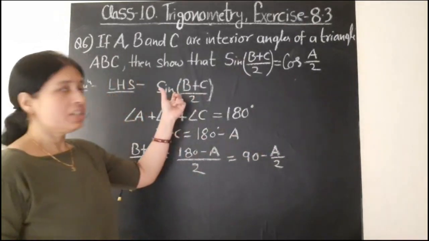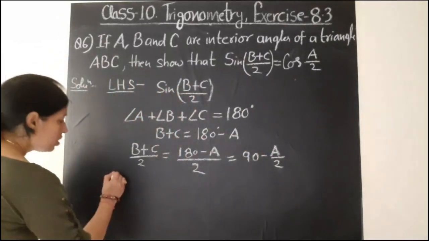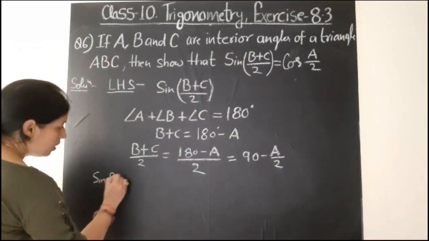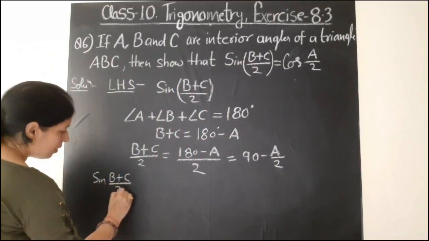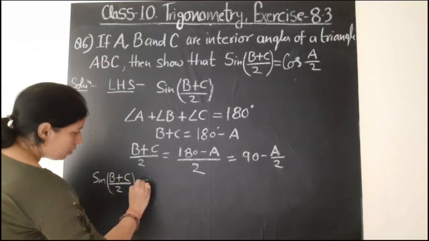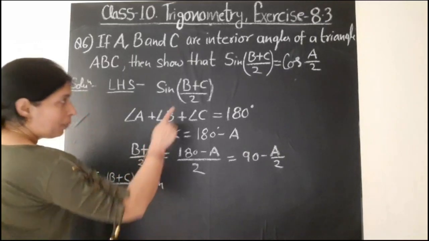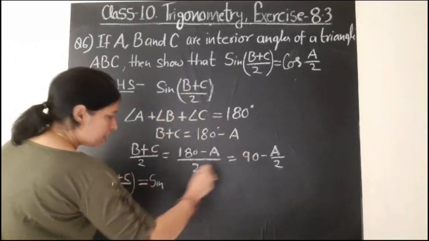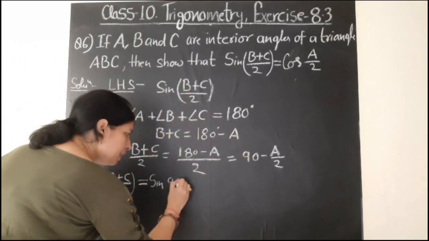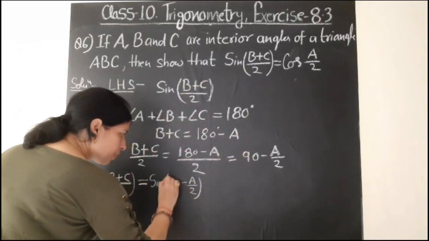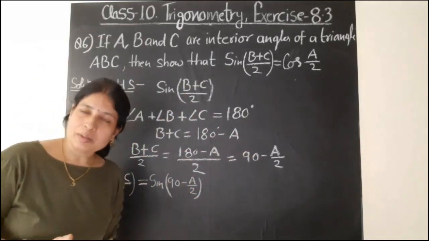Put this value in here. So you can write sine (B plus C) divided by 2 is equal to sine, in place of B plus C by 2, write this 90 minus A by 2. What is formula for sine 90 minus A?